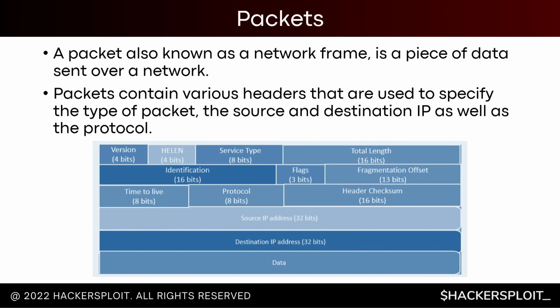Wireshark allows you to view all of these headers for each individual packet, which is fantastic. In the case of blue team operations, we're primarily interested in the flags to a certain extent, the source IP address, the destination IP address, the data contained within the packet, as well as the protocol.